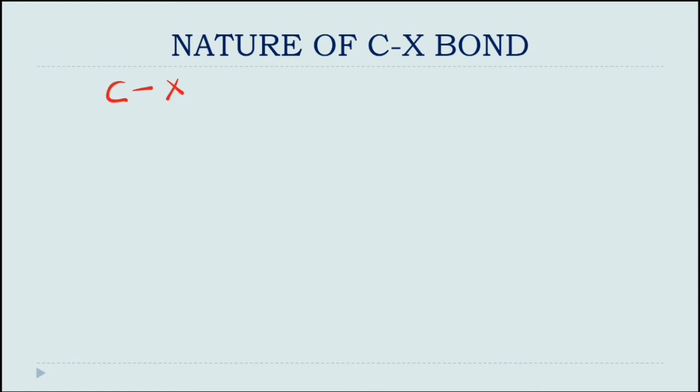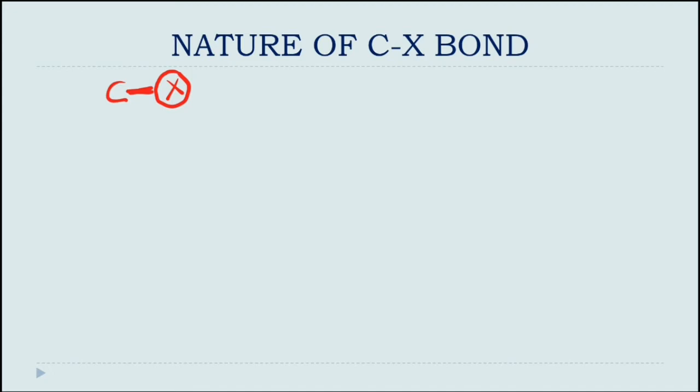So due to high electronegativity, this halogen atom will attract the electrons of the bond pair. That means this bond is not a pure covalent bond now, it is a polar covalent bond.